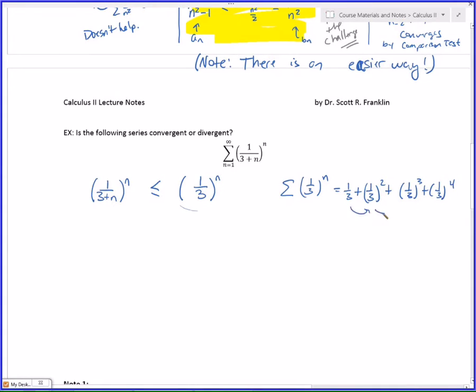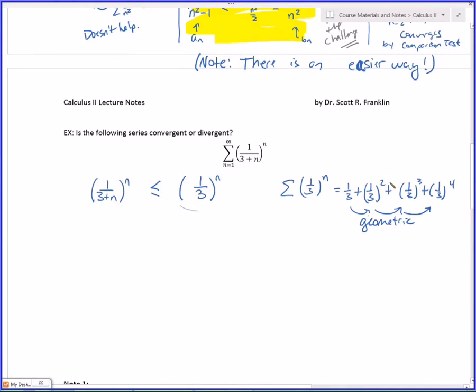What am I doing to get to each term? Going up by 1 in the power means I'm multiplying by 1/3 every time, right? I multiply this by 1/3, I get 1/3 squared. Multiply this by 1/3, I get 1/3 cubed. So it's geometric.